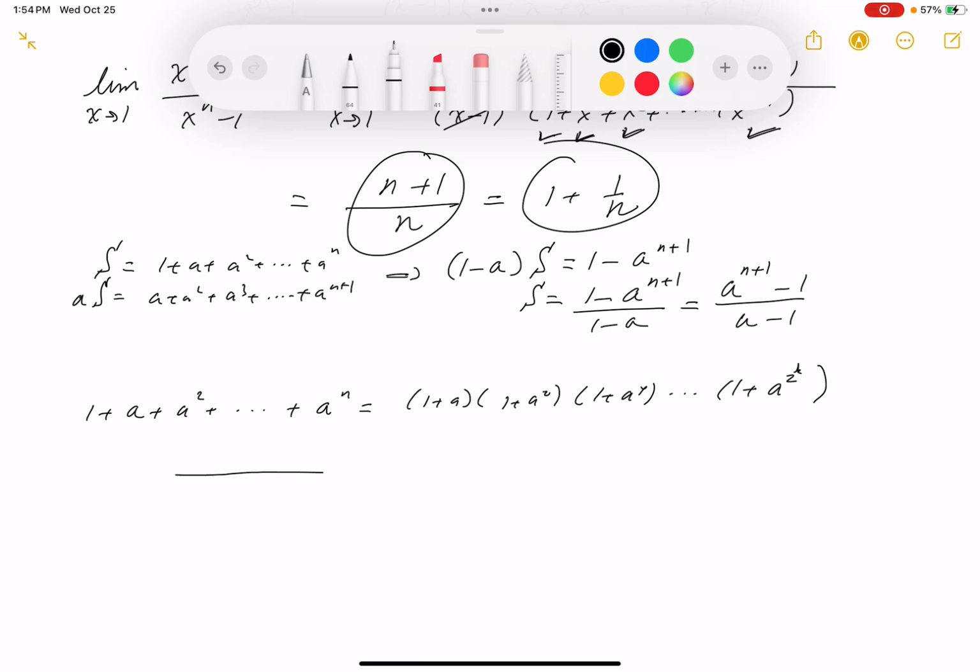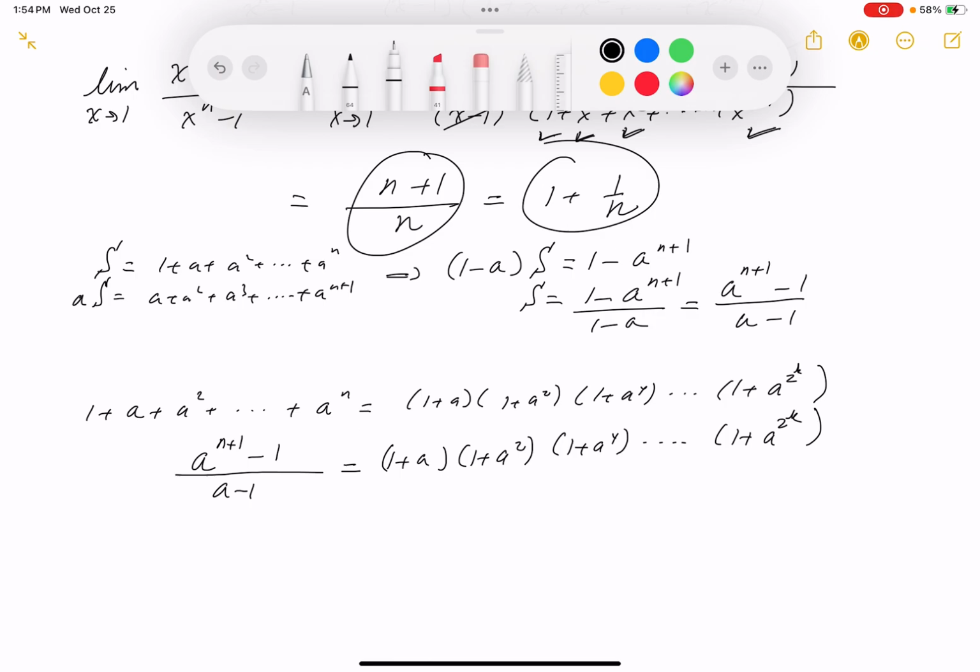And the question is, which one are you going to use? I don't think it really matters at this point. Let's just try to do one. Let's write down a to the n plus 1 minus 1 over a minus 1 is now equal to 1 plus a, 1 plus a squared, 1 plus a to the 4, and so on, 1 plus a to the 2 to the k. All right, that doesn't look too bad.